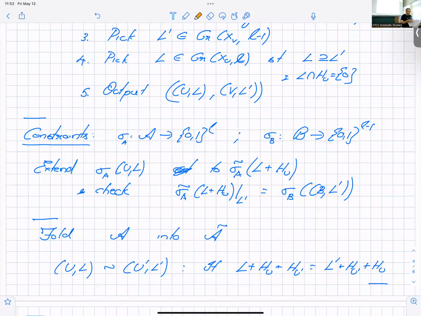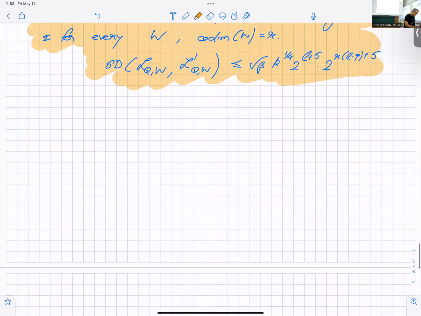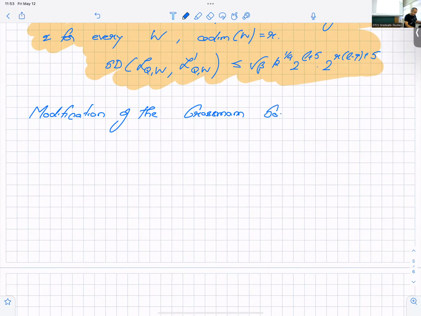Picture what we're going to show. So this is going to be a modification of this, the Grassmann roundness.